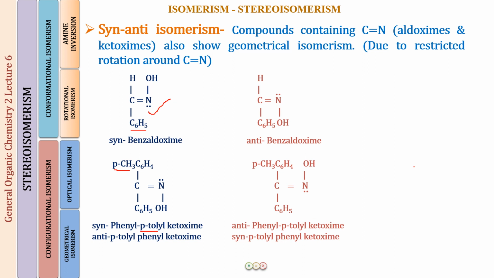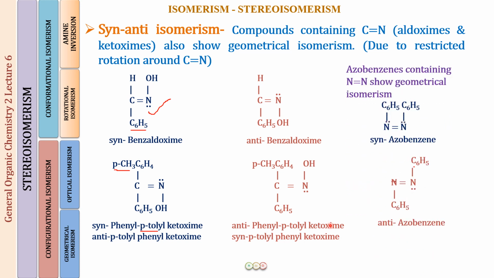Syn-anti isomerism. Now, the azobenzenes contain a nitrogen-nitrogen double bond, and they also show geometrical isomerism. So here what you are going to have is two nitrogen atoms, both of them having a lone pair of electrons, and there are going to be two phenyl groups. And what you can see is that these two phenyl groups are on the same side of the nitrogen-nitrogen double bond.